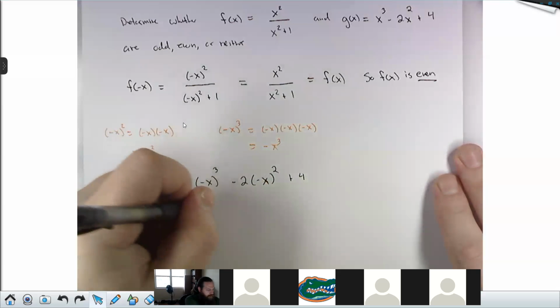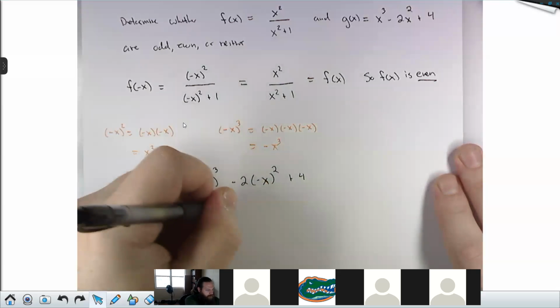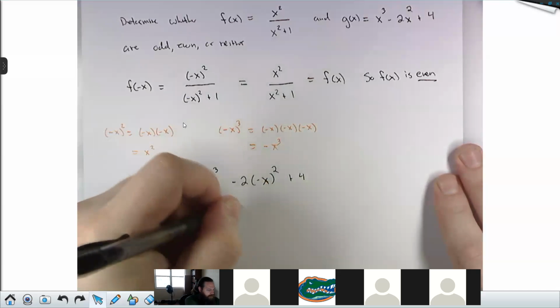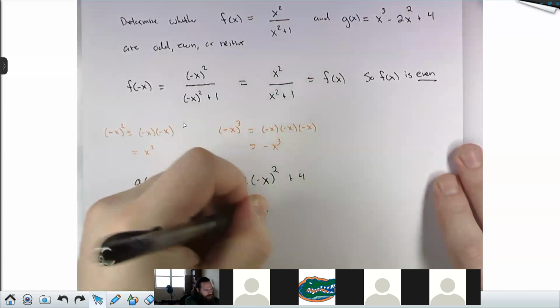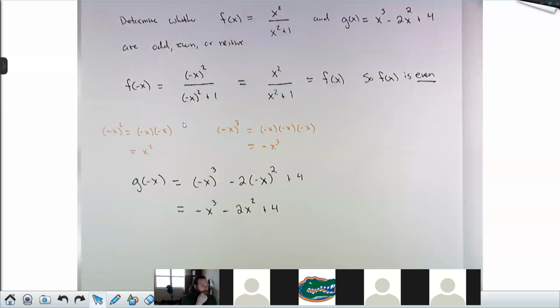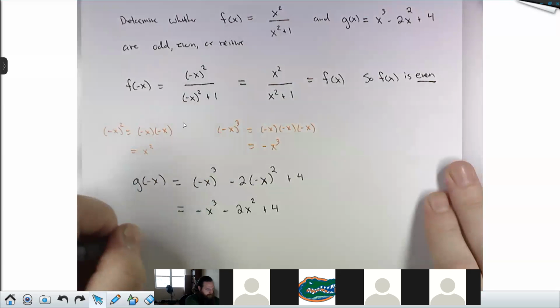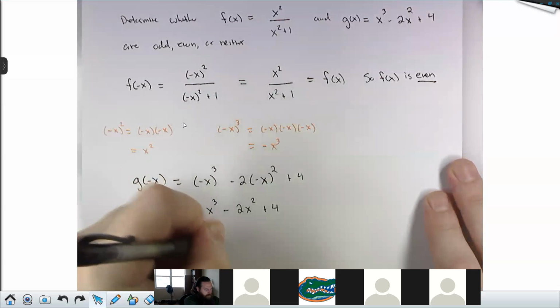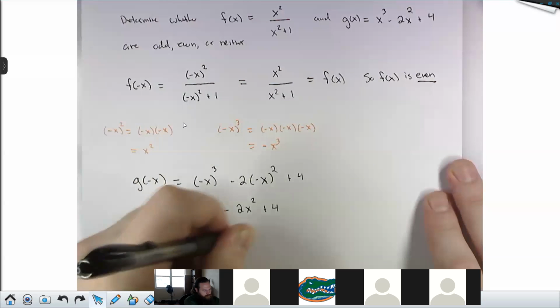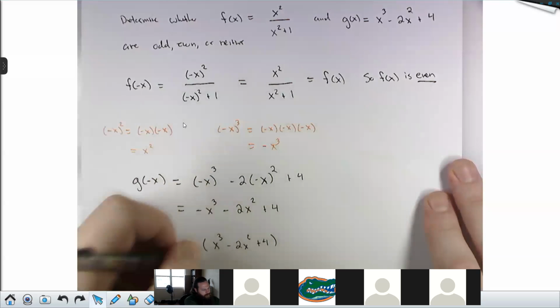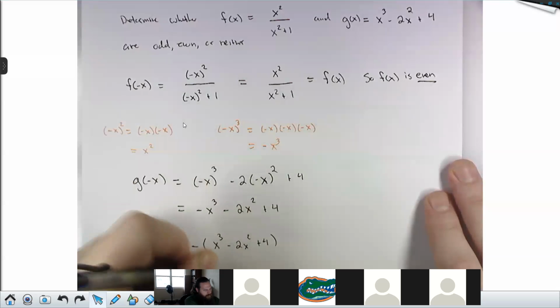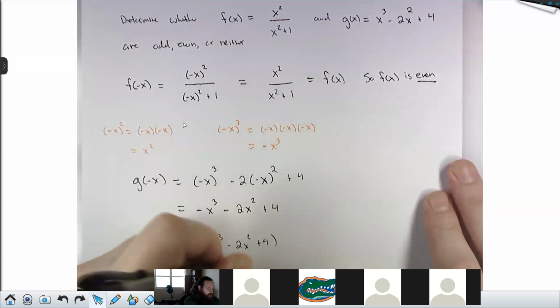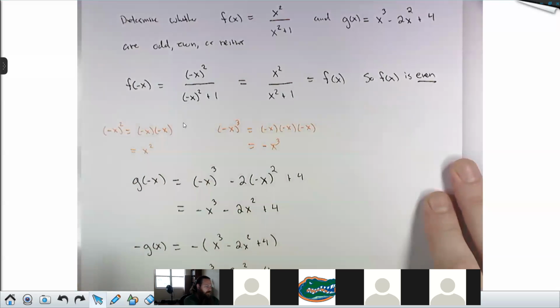So this is going to be negative x cubed minus 2 times, we know what this is, this is just x squared plus 4. But this is not the same as negative g of x. So what we can do is separately write down what negative g of x is. That would be the negative of x cubed minus 2x squared plus 4. And that would be negative x cubed plus 2x squared minus 4.